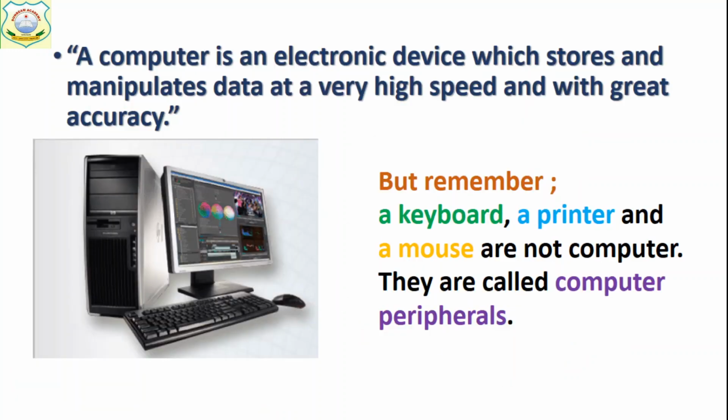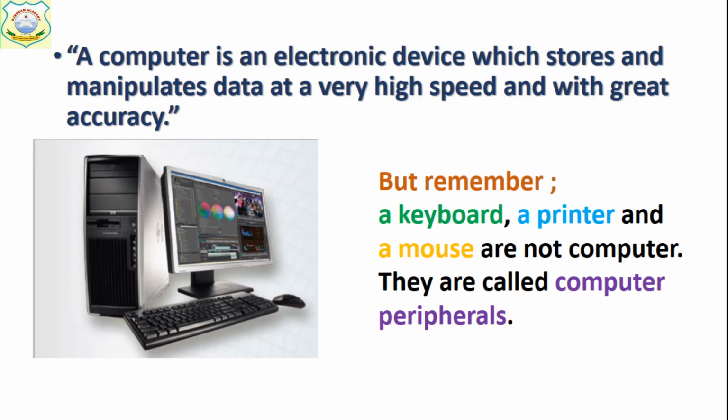Now what is computer? Computer is an electronic device which stores and manipulates data at very high speed and with great accuracy. Okay, now again repeat with me. We will try to understand the definition. It is an electronic device, that you know.